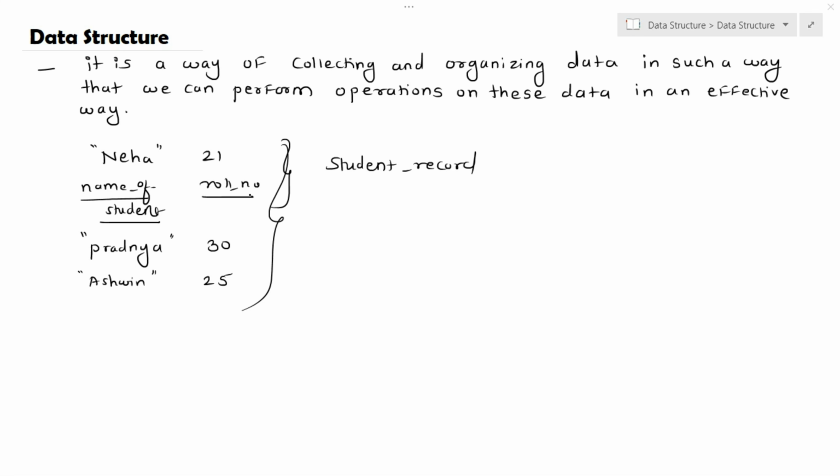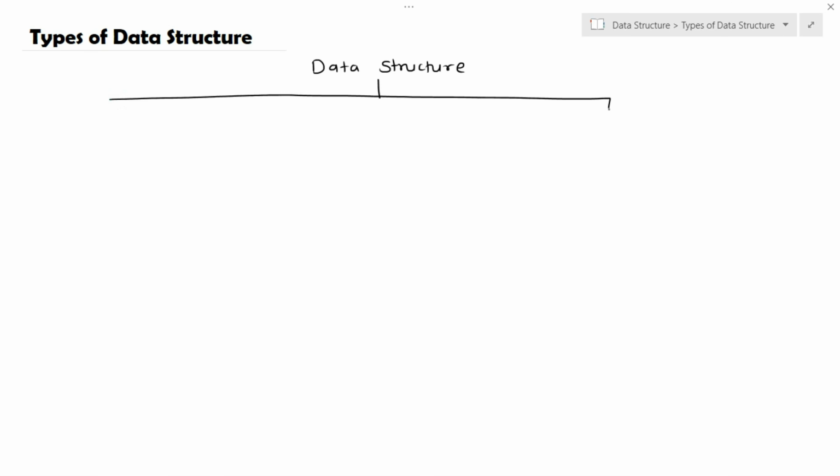Now let's see the main and important part of this lecture, and that is the types of data structure. Okay, data structure is categorized into two types. The first one is a built-in data structure, or we can say a primitive data structure.